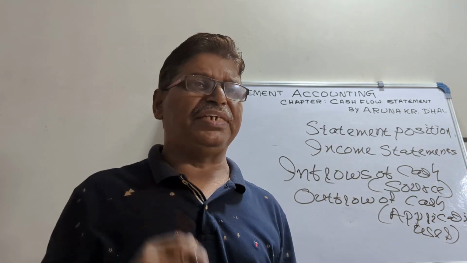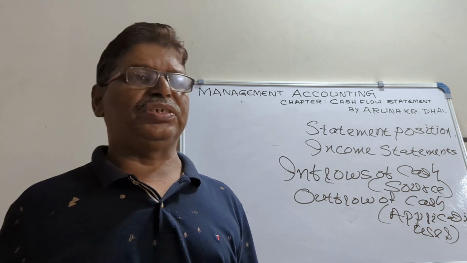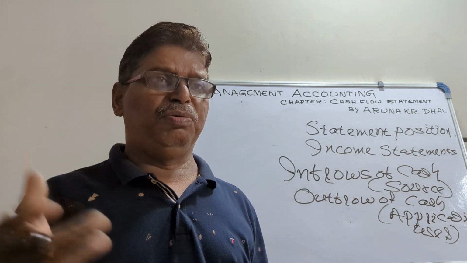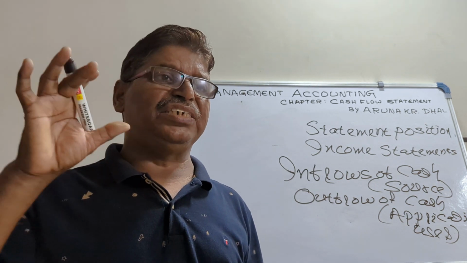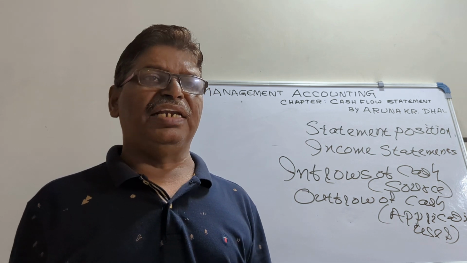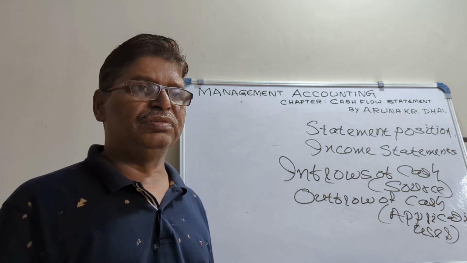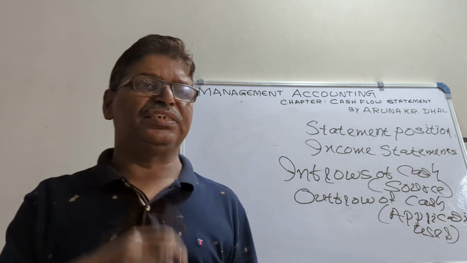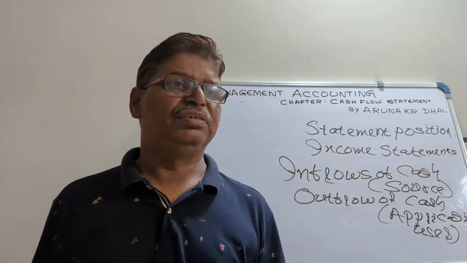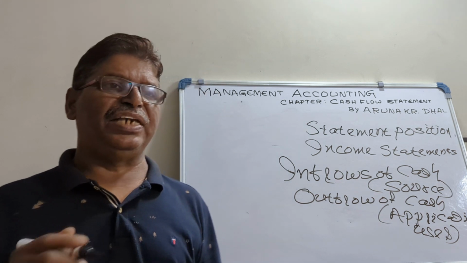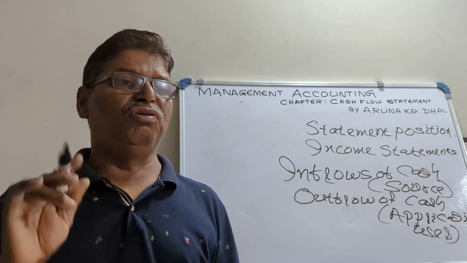The cash flow statement is a statement which describes the inflows, that is sources, and outflows, that is applications or uses, of cash and cash equivalents in an enterprise during a specified period of time. It summarizes the changes in the cash position of a business between the dates of two balance sheets.